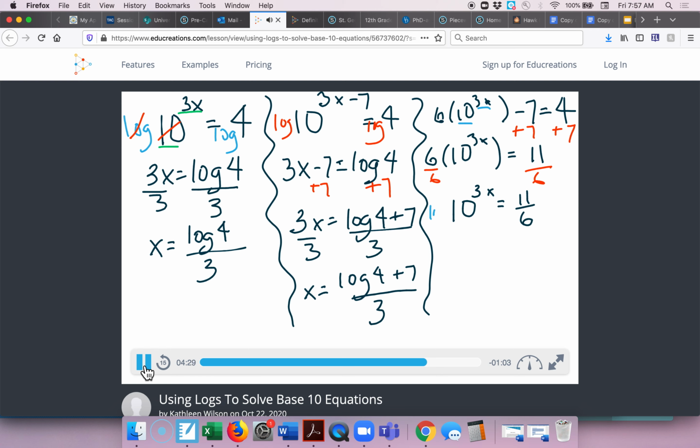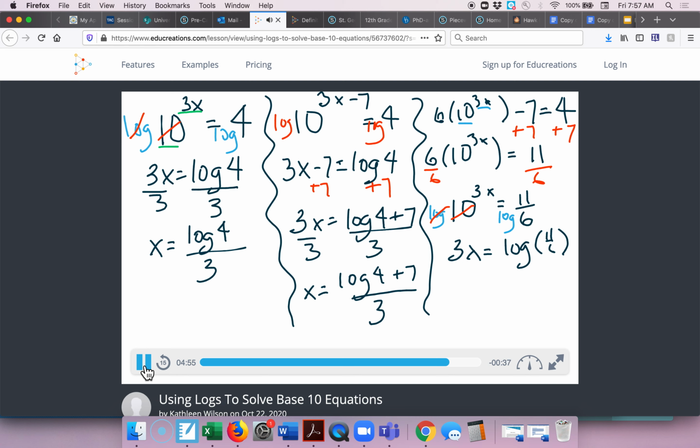So now we're okay. You can go ahead and log both sides, because we got rid of everything but the base and the exponent. And now we can cancel out the 10 with the log. Oh, I take that back, I have the right to make a mistake. The 10 and the log cancel each other out, and I just get 3x equals the log of 11/6.